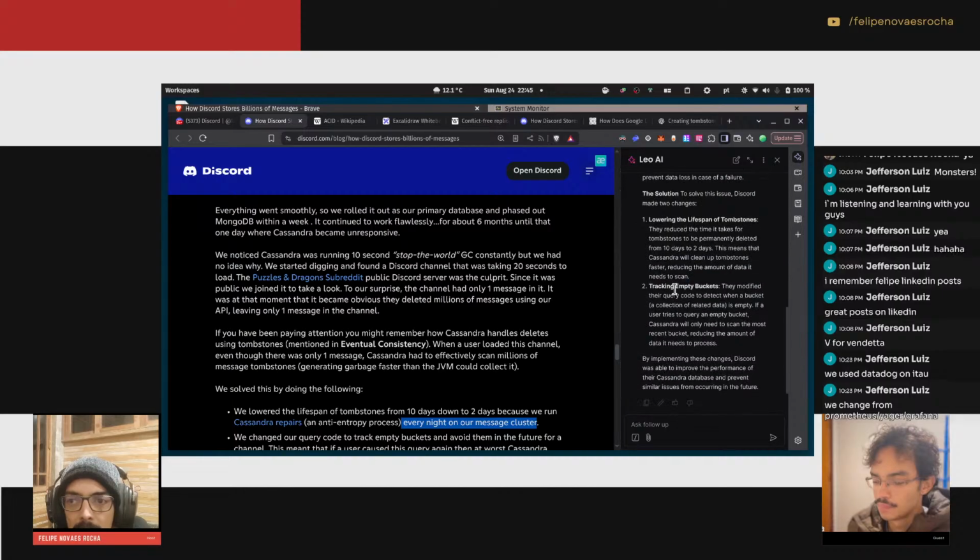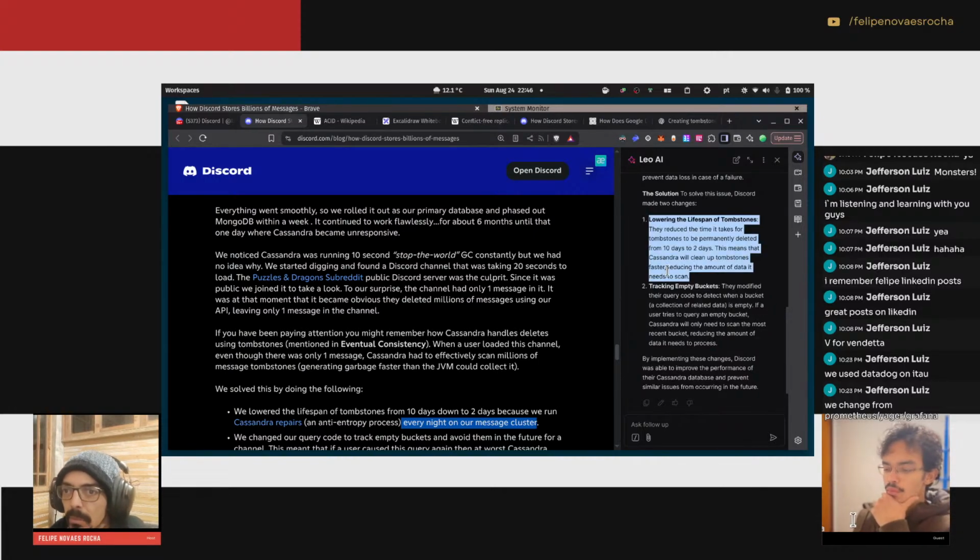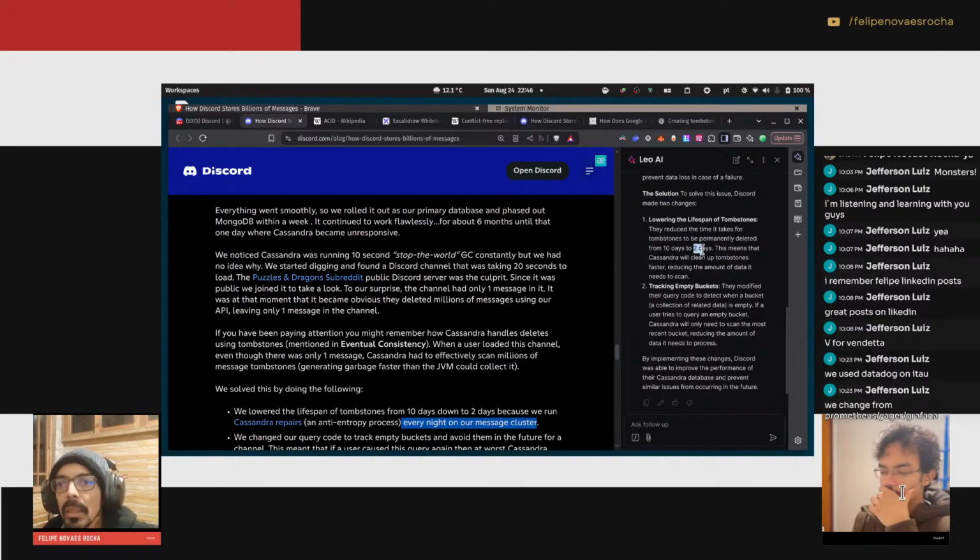Okay, tracking empty buckets. They modified their query code to detect when the bucket's related data is empty. If a user tries to query an empty bucket, Cassandra will only need to scan the most recent bucket, reducing the amount of data it needs to process. Okay, so that one doesn't solve the problem, this one solves it. Because if the guy again uses the API to delete millions of data, you're gonna have the same problem.